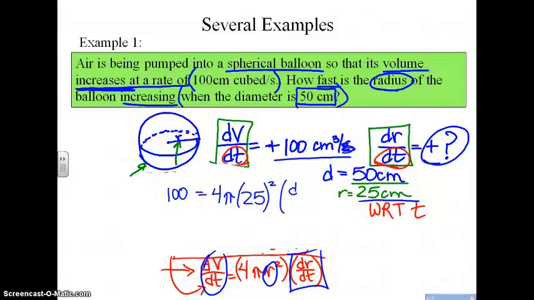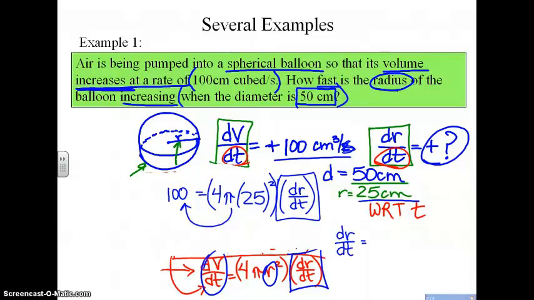And now I want to solve for dr/dt. So here's my variable. So I'm going to take everything that it's multiplied by, and I'm going to divide it on both sides. So dr/dt, I'll come over here where I have some space. dr/dt has to be 100 divided by 4 pi times 25 squared.